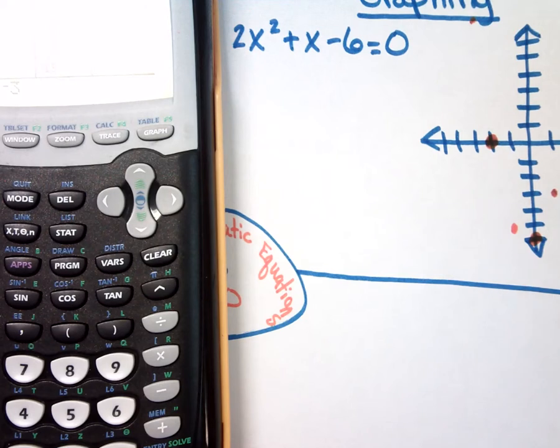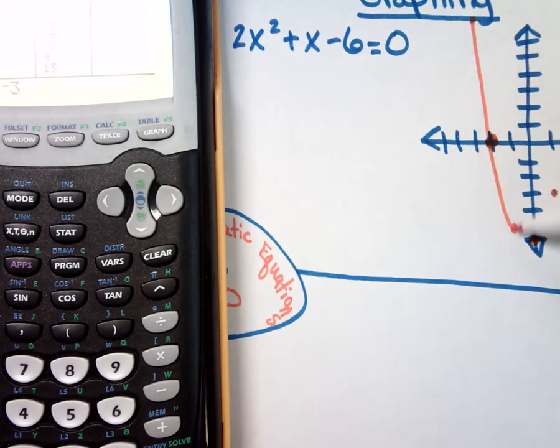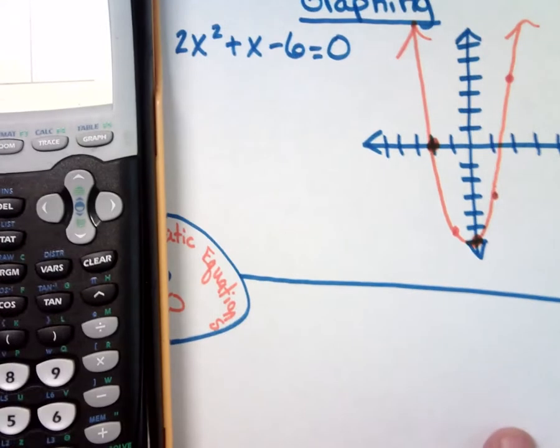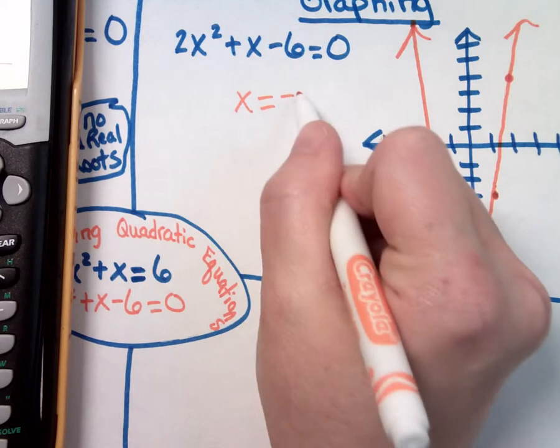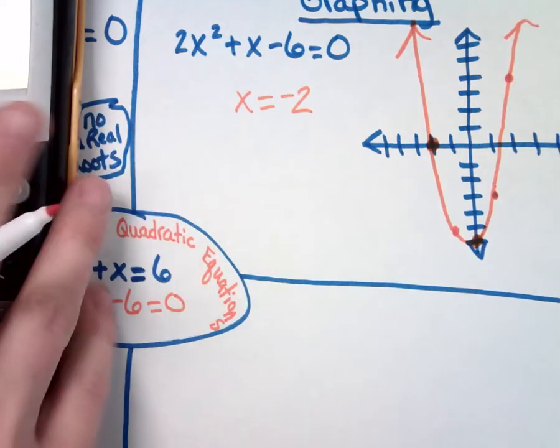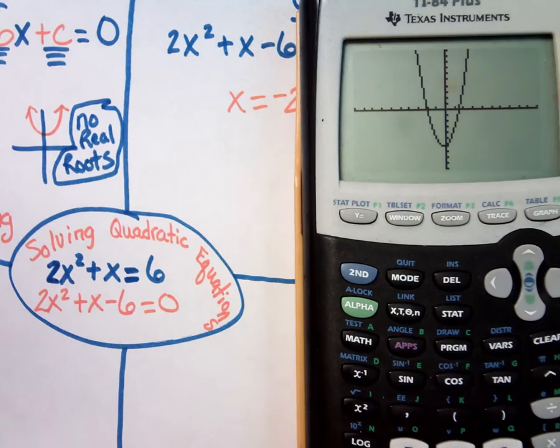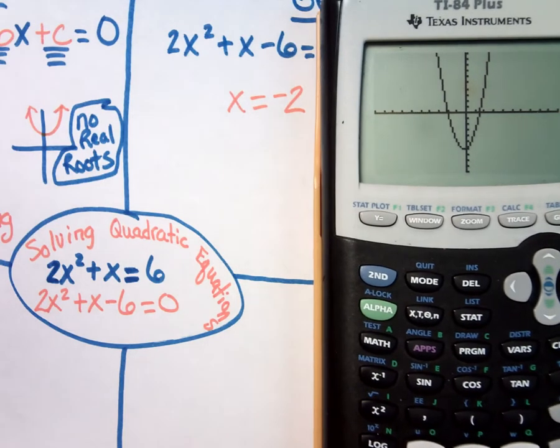Okay, let me go ahead and make my graph. So it kind of looks like my answers are x equals -2, and like I showed you earlier, it looks like a 1.5. It's kind of hard to tell for certain.